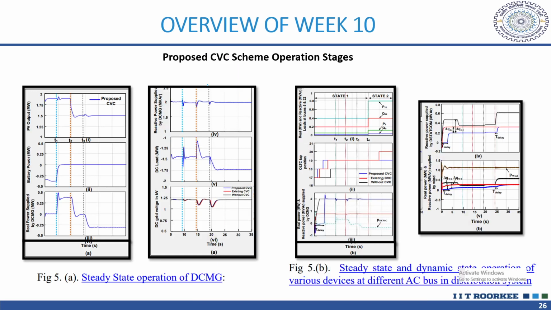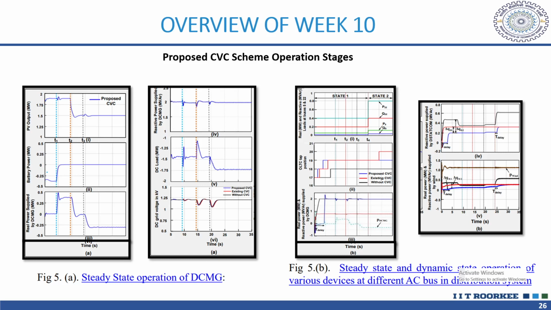And then these are some of the simulation results. So here basically you can see, in the first condition at t equal to 1, the PV output is more and the battery is basically charging here, right?